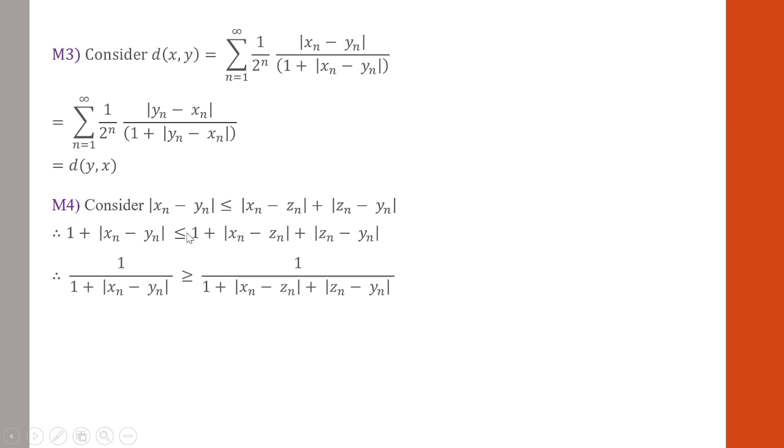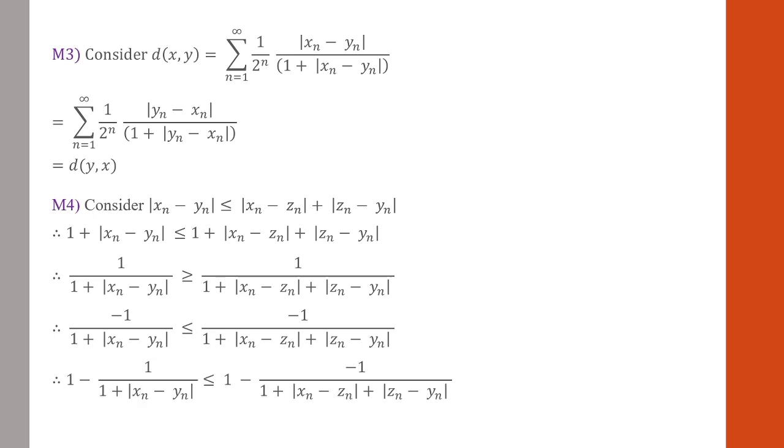Now taking the reciprocal of these, the inequality is changed. Again multiplying by minus 1 on both sides, the inequality is changed. Now we have to add 1 to both sides. We get this.